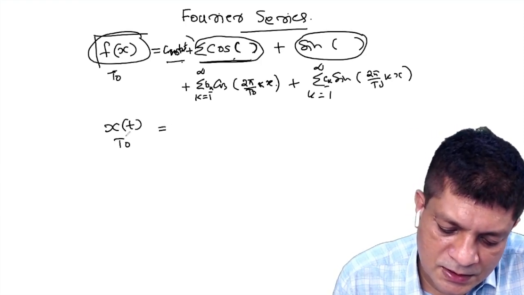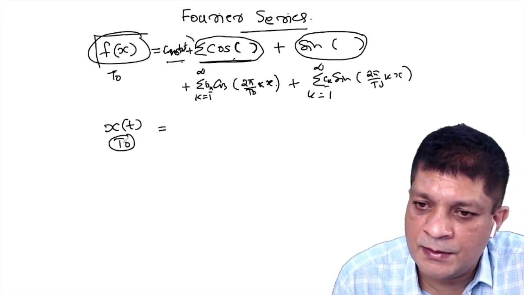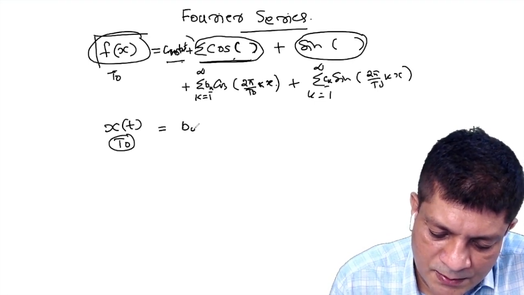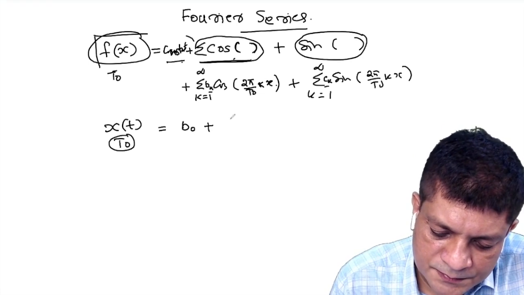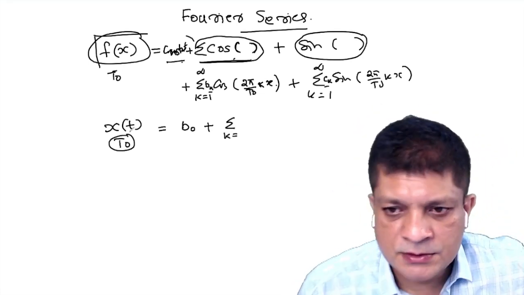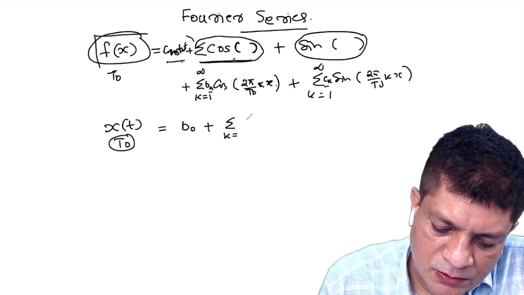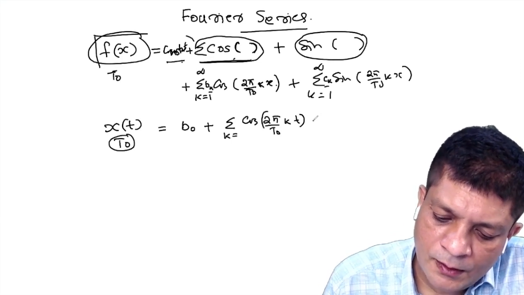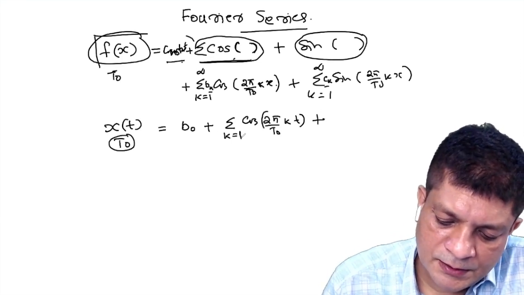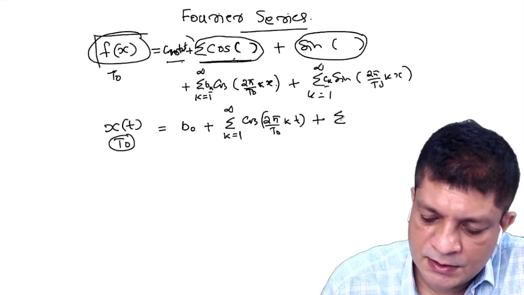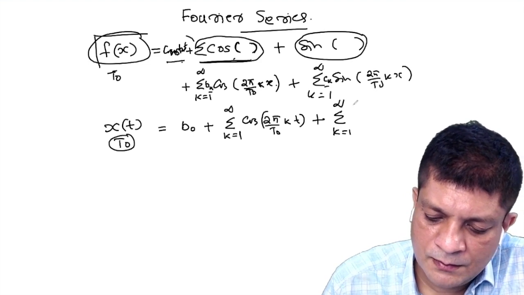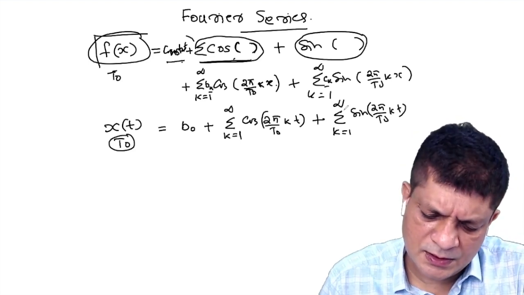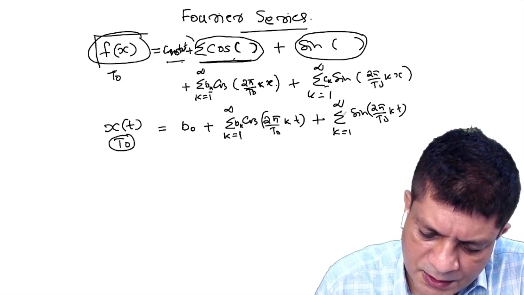Then we can express it as a constant term, which I am writing as b naught, plus the summation over k from 1 to infinity of cos(2 pi by T naught kt), plus the summation over k of sin(2 pi by T naught kt). Sorry, there are some coefficients; I am writing them as bk and ck.